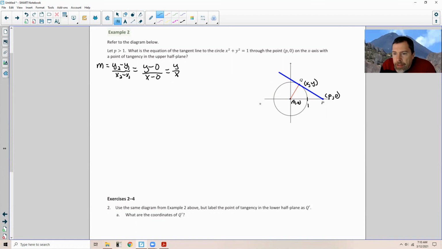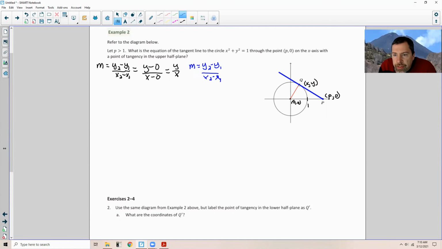Now I need to find the slope of the tangent. It's going to be the negative reciprocal, but let's find it in terms of x, y, and p, 0, the point p comma 0. So I'll do that in blue. The slope is again y2 minus y1 over x2 minus x1.